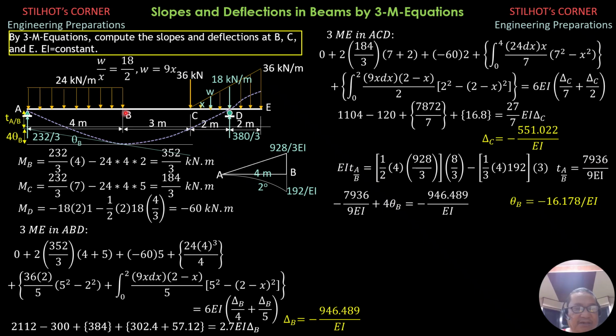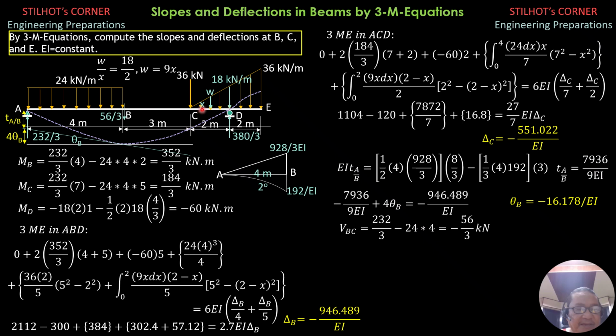Then for theta C, it is obviously positive as shown. Let's consider BC. The shear at BC is equal to 232 over 3 minus 24 times 4, and that is equal to negative 56 over 3 kilonewtons. So we have 56 over 3, and the moment here is moment at B, or moment BC, 352 over 3.